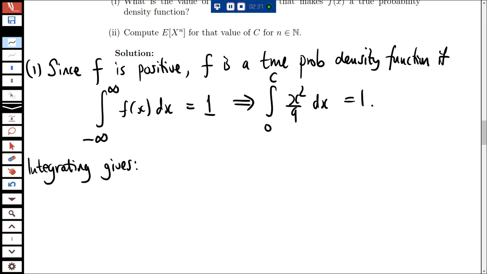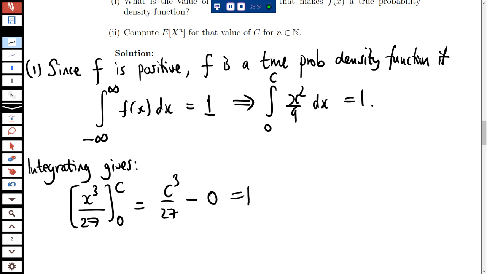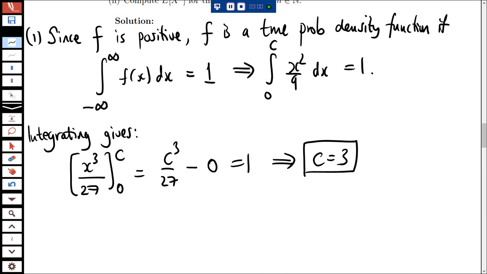Okay, so some straightforward integration gives x cubed over 27 integrated between 0 and c, which is c cubed over 27, take away 0, is equal to 1. I can see without doing too much work, this makes sense for constant c equal to 3.